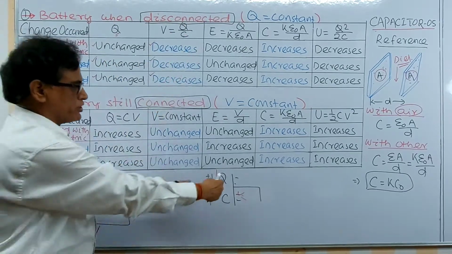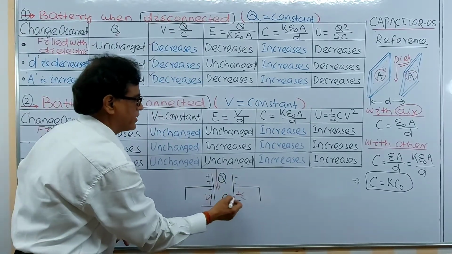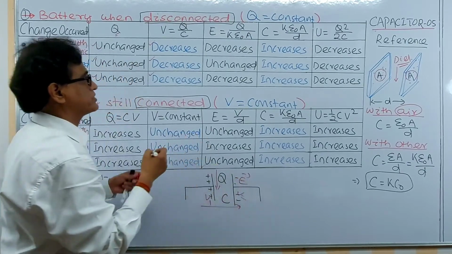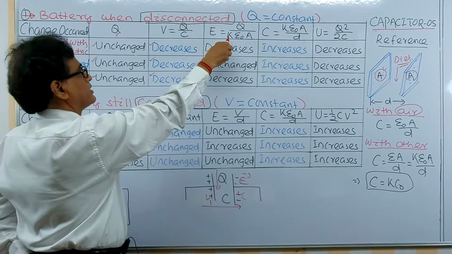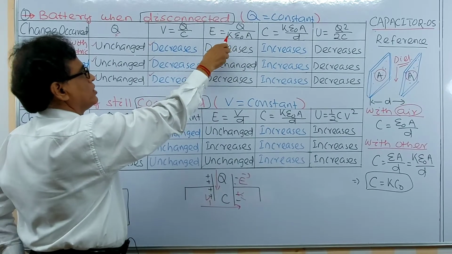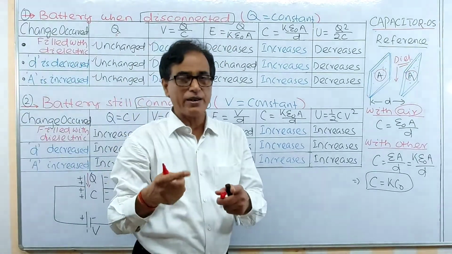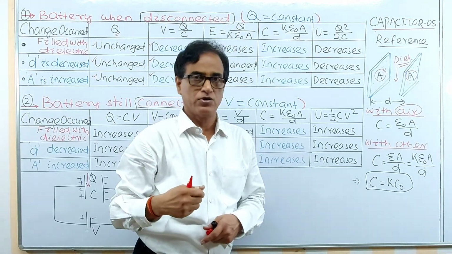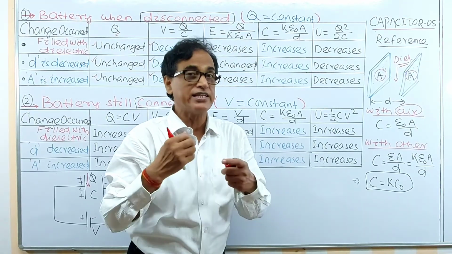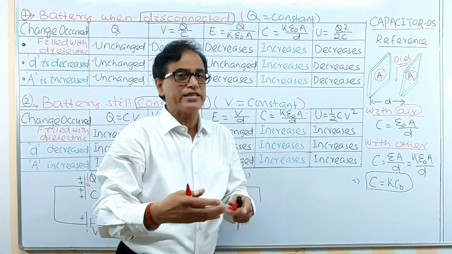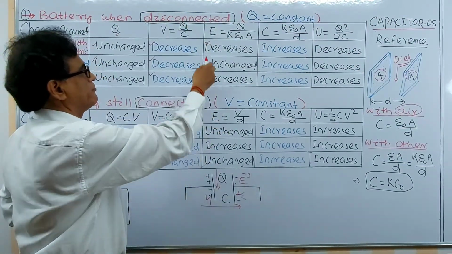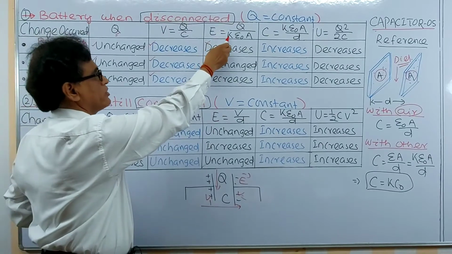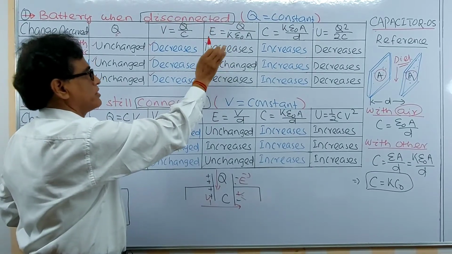Now electric field between the plates of the capacitor, electric field E, what happens? Here you see, there is a dielectric constant. If you change the air by any other dielectric, then K increases. If K increases, then electric field decreases. I have taken this formula into consideration for discussing this.